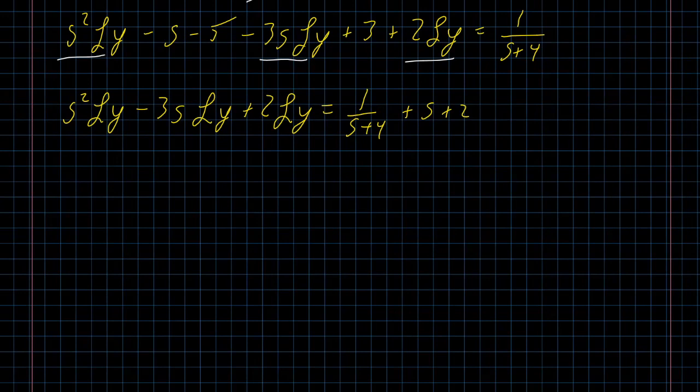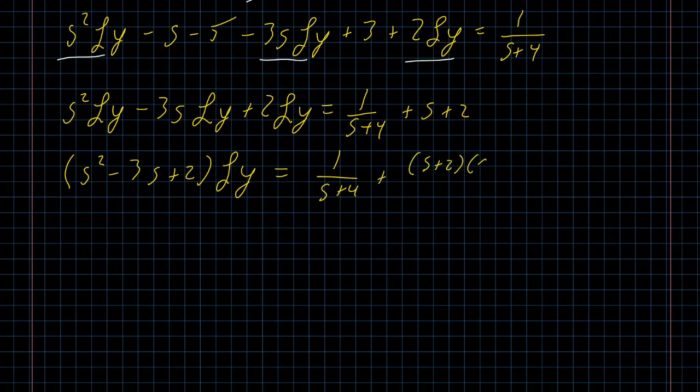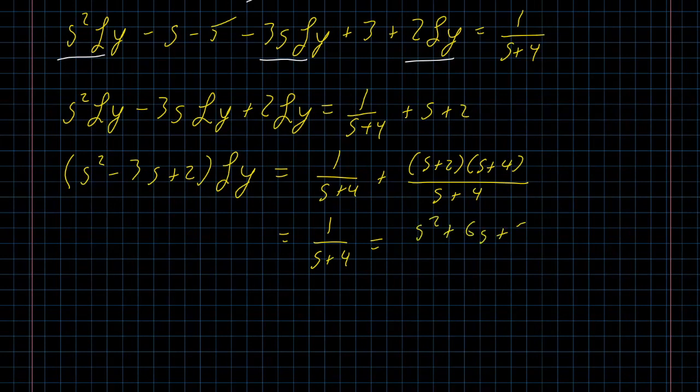I can neaten things up on the left-hand side by factoring out the Laplace transform. On the right-hand side, I'm going to want to combine like terms, so I'm going to need some common denominator. Which is a lot more tedious than it is difficult, but distribute: s squared plus 6s plus 8.